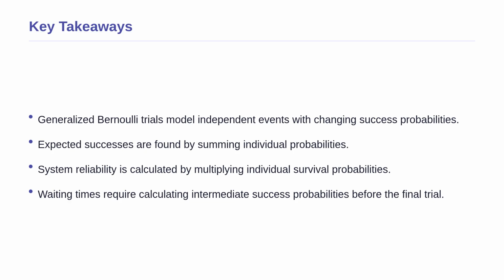Finally, we learned how to calculate complex waiting times by breaking the sequence into earlier successes and the final winning trial. Understanding this concept bridges the gap between simple coin flips and the unpredictable nature of the real world. You now have the tools to analyze these dynamic probabilities.